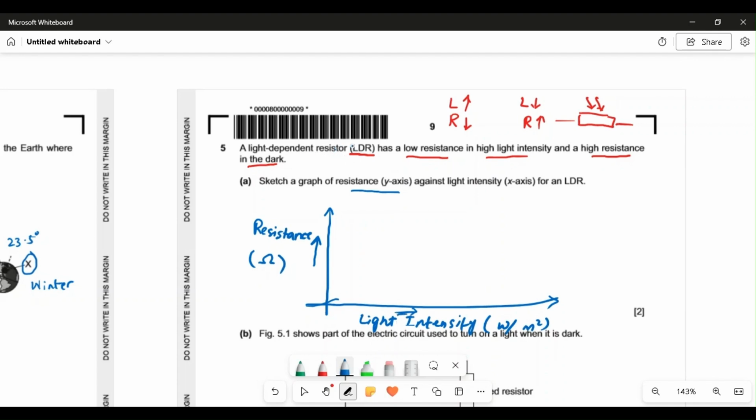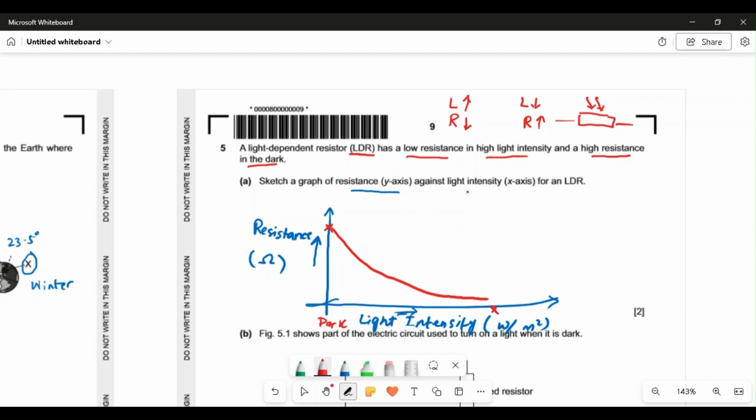Now, as we know, as light intensity increases, resistance decreases. So let me say this is the point where it is dark. In the dark, resistance will be maximum, and as light increases, the resistance will keep on decreasing, and it will not touch the x-axis because it will contain some resistance value.